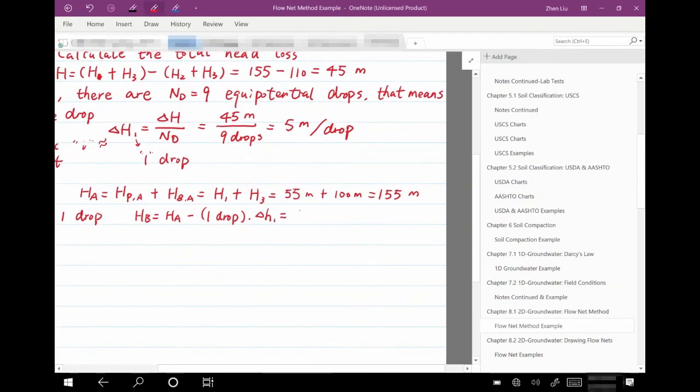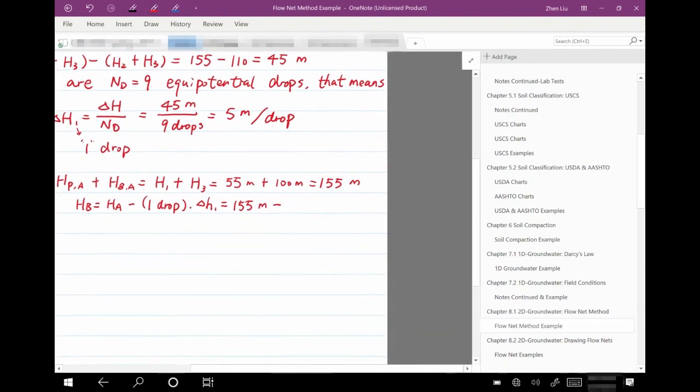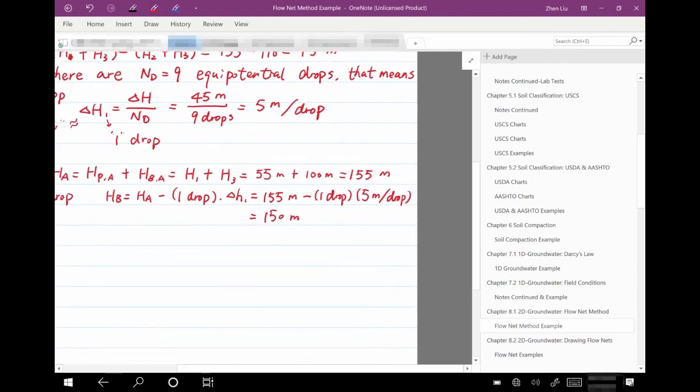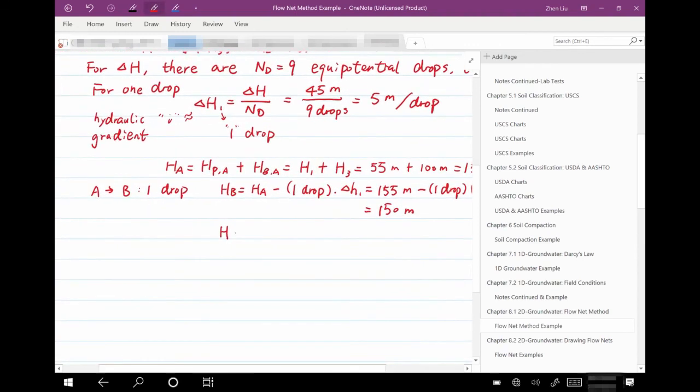So in this case, it's 155 meters minus one drop times 5 meters per drop. So we will get 150 meters. That's HB.